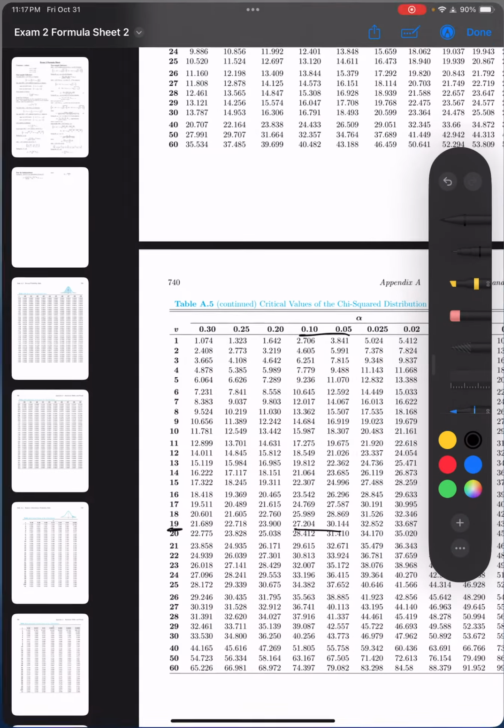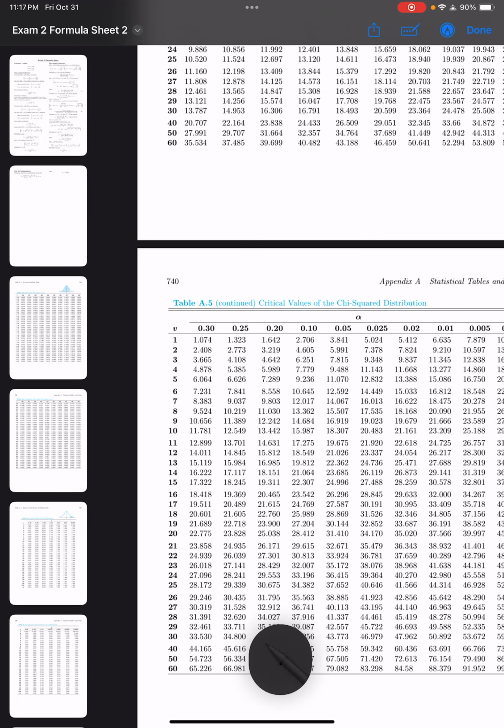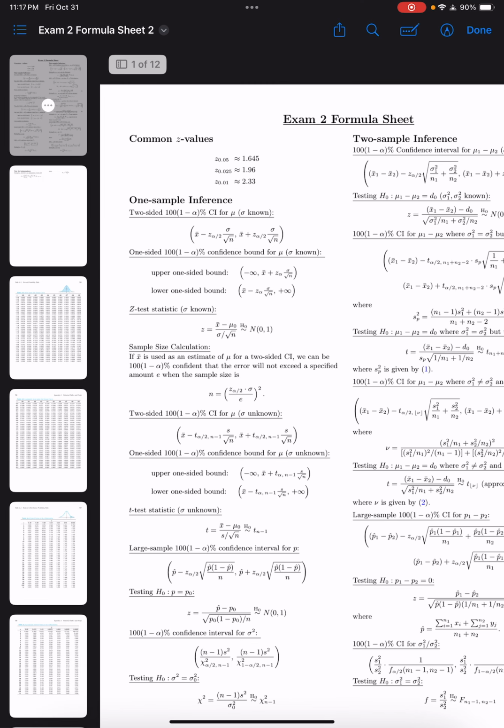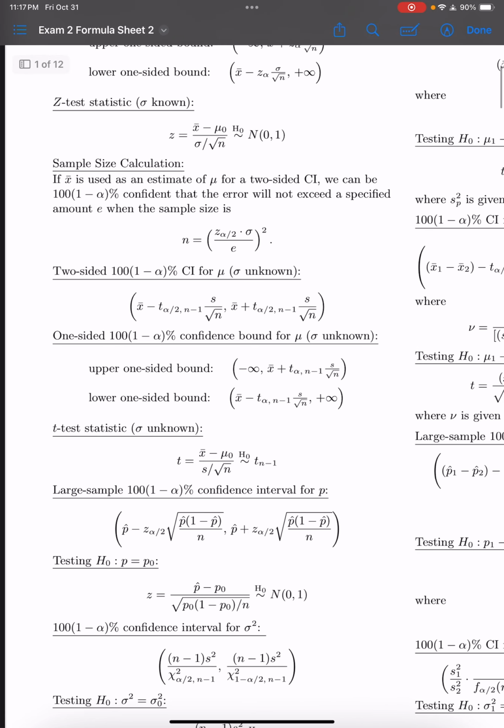So we can look at our formula sheet, and so we have our t-test with our unknown standard deviation for our population, and so we can use this formula over here.